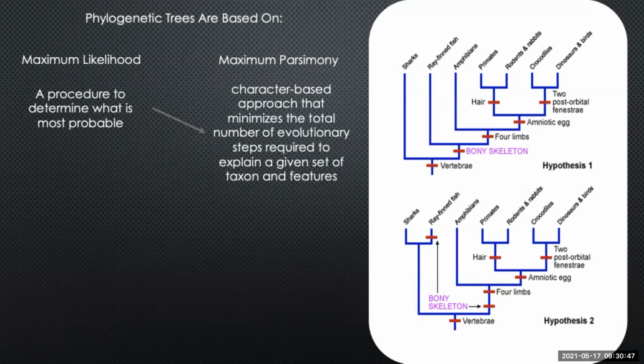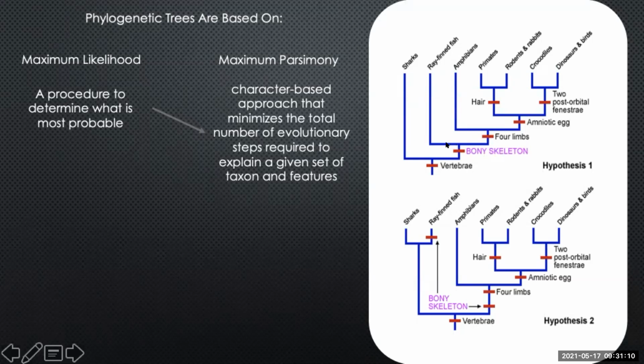But when you look at it, you can see in hypothesis 2, in order for this relationship between rays and sharks to make sense, you actually have to evolve bony skeletons two different times, right? When you look at the sharks and the rays, they could either be separate lineages. Sharks are off on the left here.